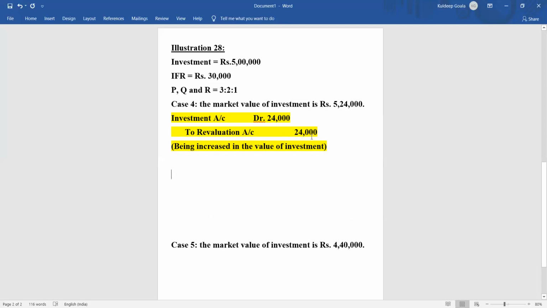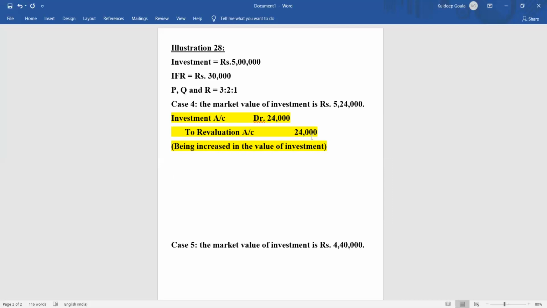Now this revaluation is a profit, isn't it? In the previous case, you have seen that revaluation was a loss. The revaluation account was debited because there was a loss. So who bore the loss? Ultimately, that particular loss was adjusted through the investment fluctuation reserve account, isn't it?